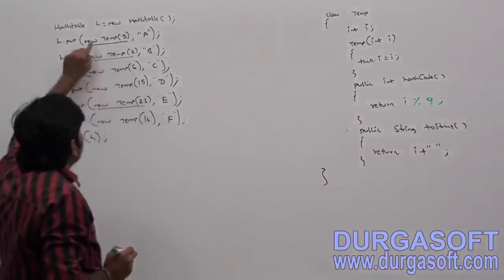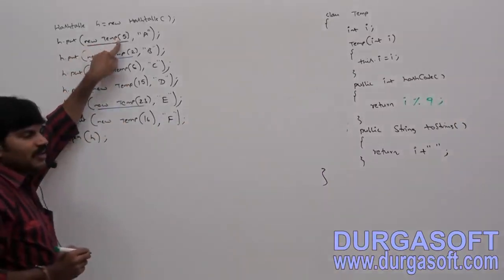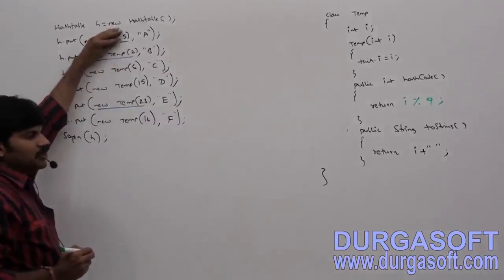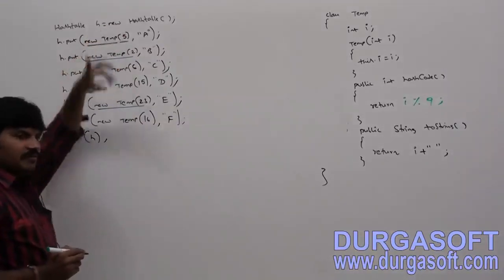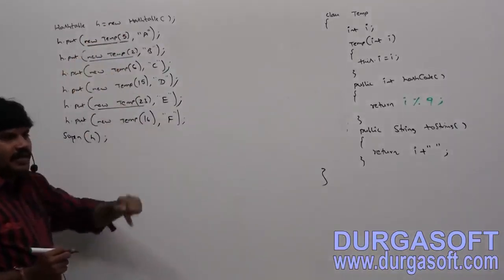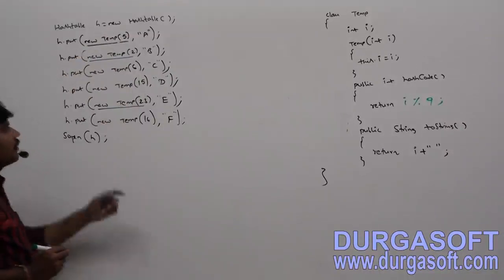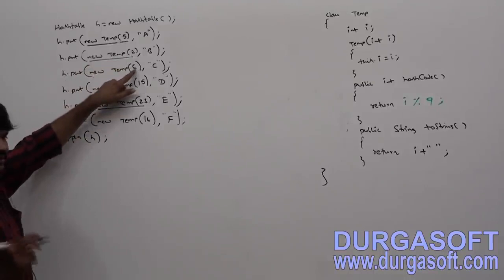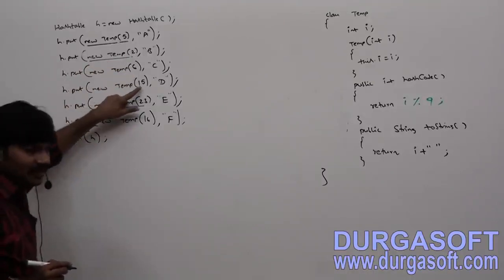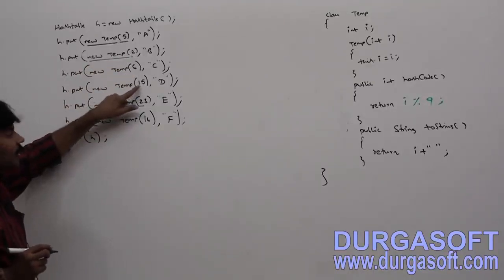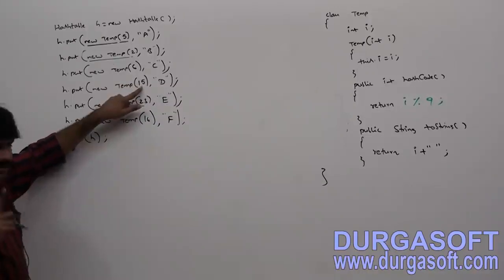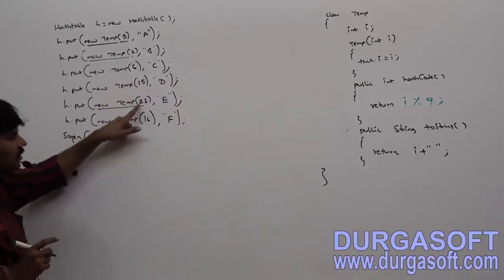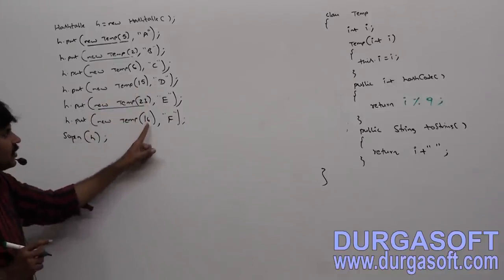Suppose new Temp(5): can you tell what is the hash code of the first key? 5 % 9, 5 only. After dividing by 9, the remainder is 5 only. new Temp(2), 2 only. new Temp(6), 6 only. new Temp(15), 15 % 9, 6. new Temp(23), 5. And new Temp(16) likewise.